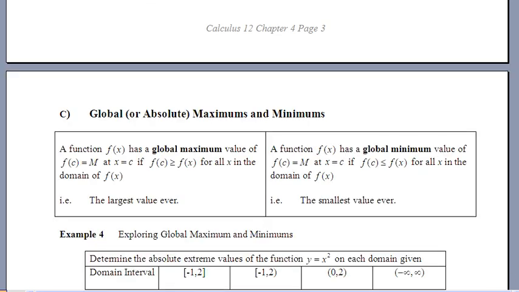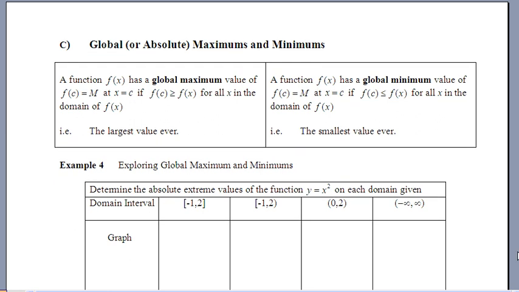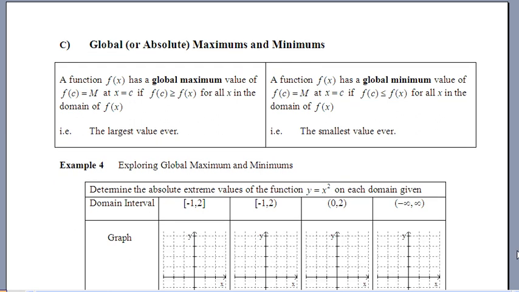Okay, flipping over the page, we're going to switch slightly away from the idea of relative maximums or local maximums to something a little more bold, a little more aggressive. And these are global maximums or absolute maximums.